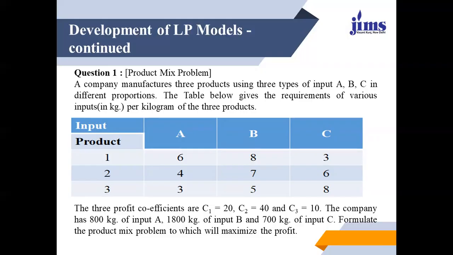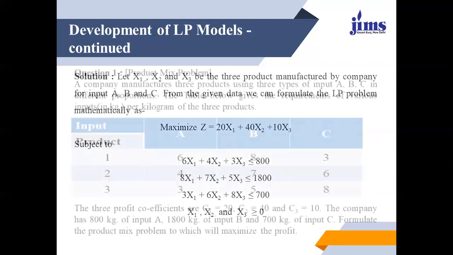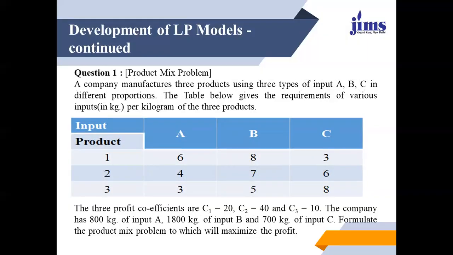What is the profit? 20X1 plus 40X2 plus 10X3. So Z is equal to 20X1 plus 40X2 plus 10X3. This is what we want to maximize, and this is our objective function.